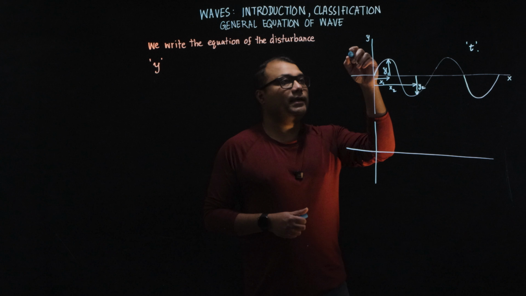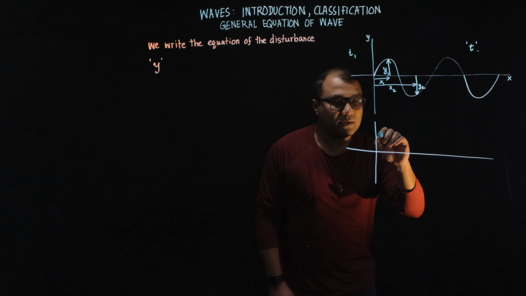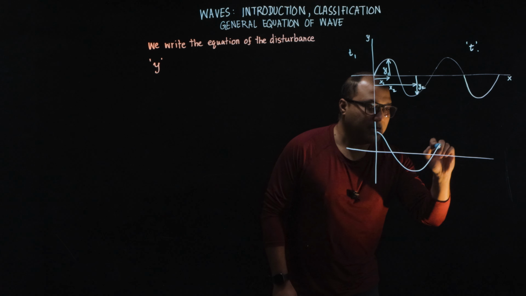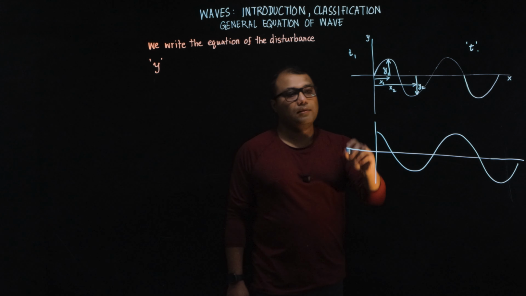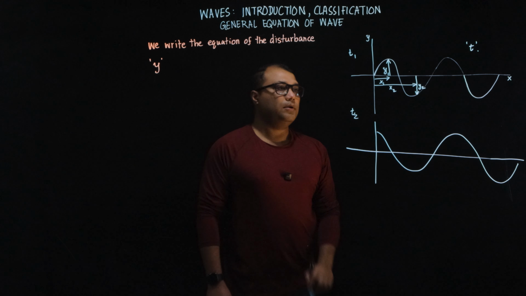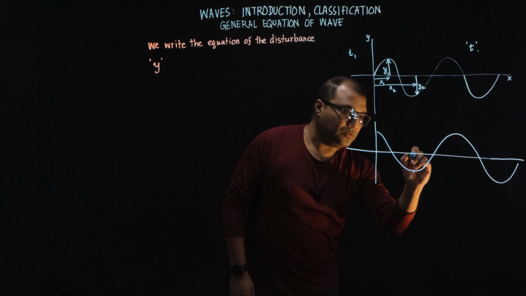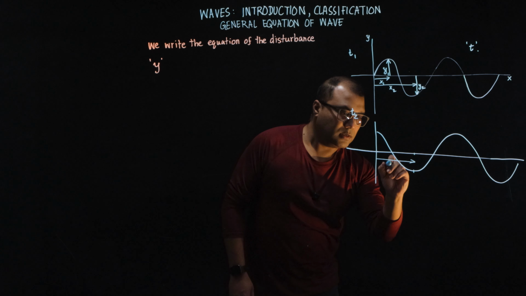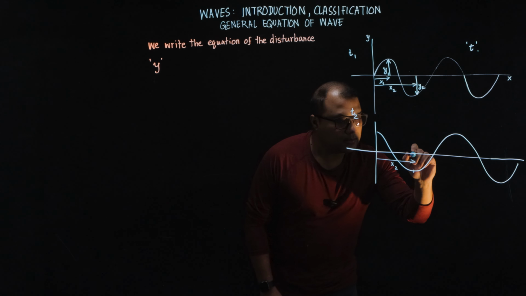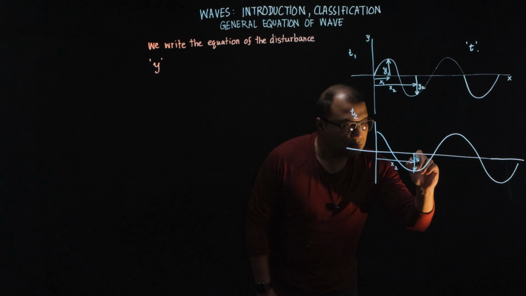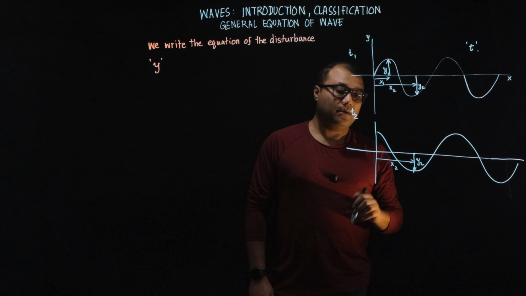Let's say if I take a snapshot at t1, it looks like this, but a snapshot at t2 might be like this. Okay, so if I then consider the displacement at x2, which is this distance, this y2 can very well be different from this y2.